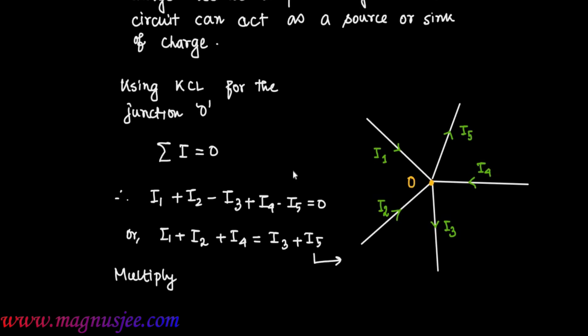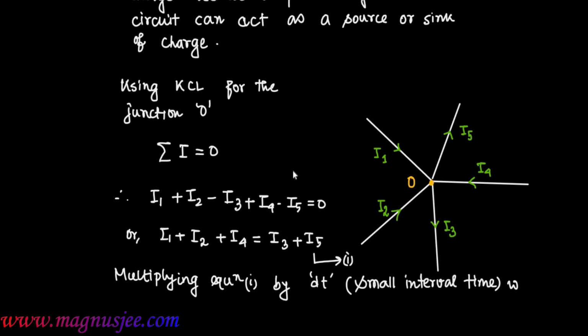Multiplying equation 1 by dt, where dt is a small interval of time, we get I1 dt plus I2 dt plus I4 dt equal I3 dt plus I5 dt.